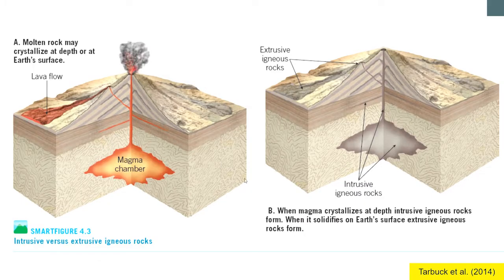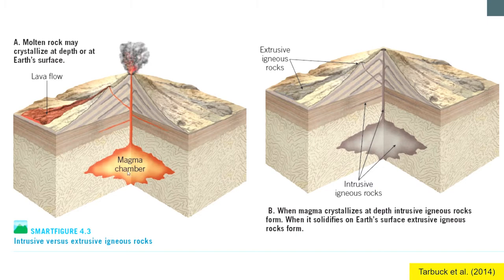To help us understand better the difference between intrusive and extrusive igneous rocks, let's consider these illustrations. Molten rock may crystallize at depth, underneath the surface, or on top of the Earth's surface. Molten rock that is found underneath the surface is called magma, but once it reaches the surface, we call it lava. If the molten rock underneath the surface, part of the magma chamber, cools and crystallizes over time, it will become what we call intrusive igneous rocks.